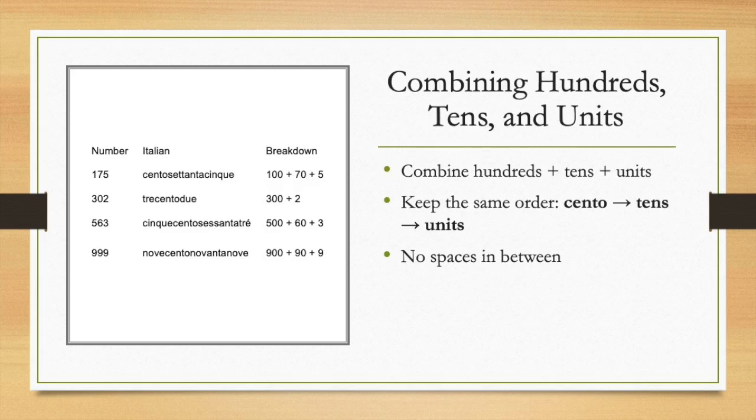So for example, 175 is 100 plus 70 plus 5. 175, one word. Another example, 563 is 500 plus 60 plus 3. 563. Again, one word. Refer to the chapter for a complete list and practice exercises.